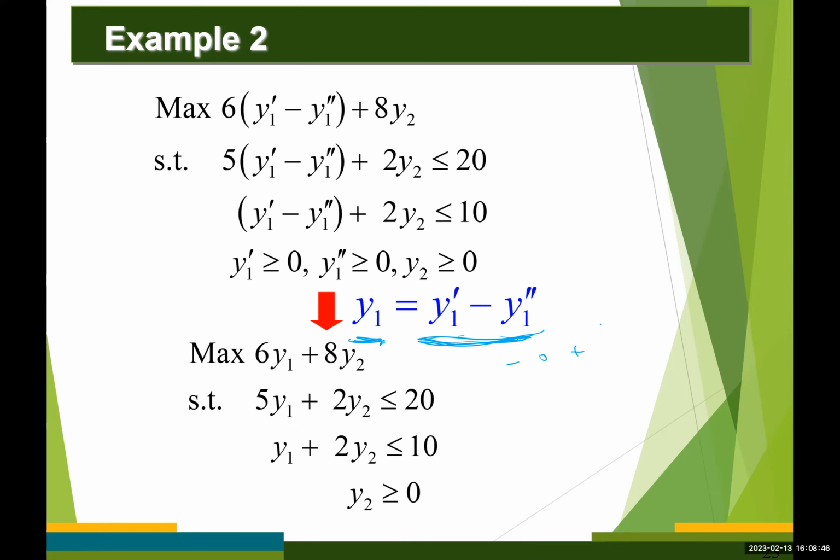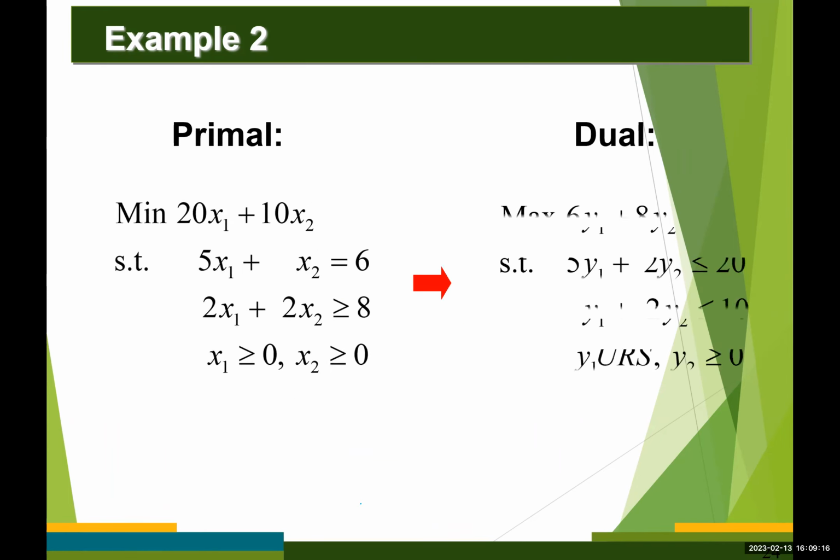That's why we didn't include any constraint on the sign of the y1 variable here. So this is the same as the dual in the symmetric primal dual pair, except for the missing non-negativity restriction. So we can say that the dual problem looks like that, right?